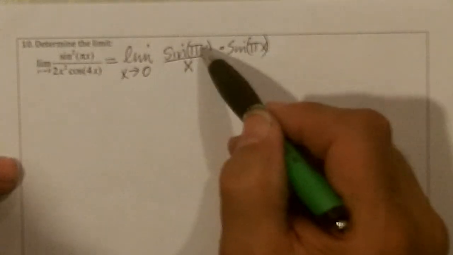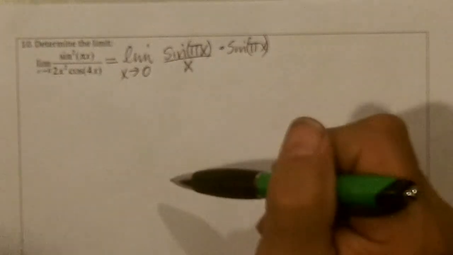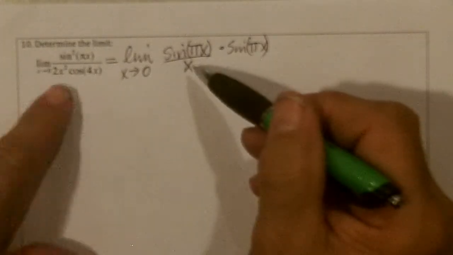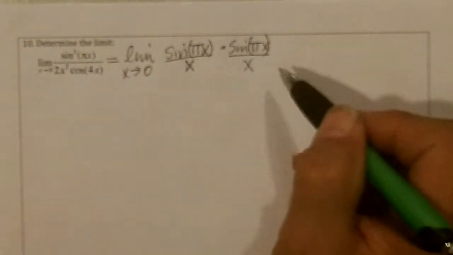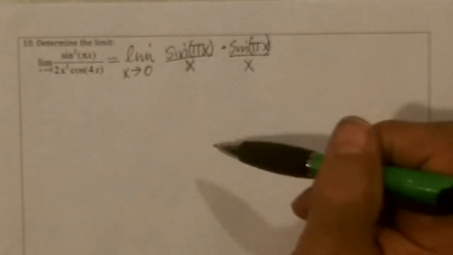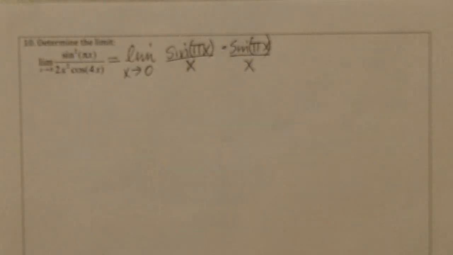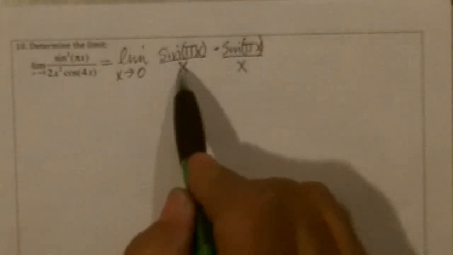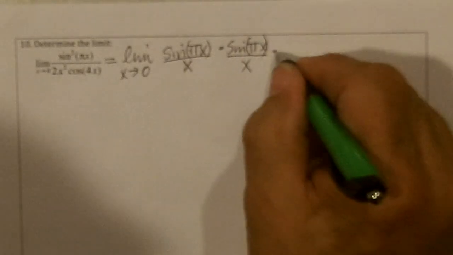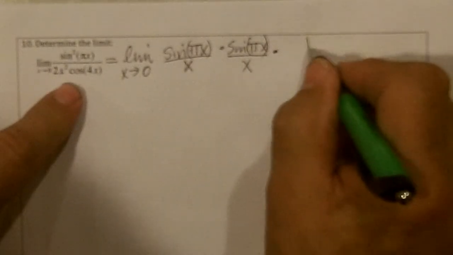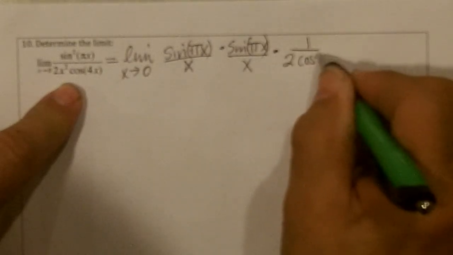And remember, the sine of some angle over the angle always goes to 1 if the angles are the same. Here there are 2 x's, that's why I can put an x under both of those. So those are going to do similar things. There's a 2, but there's no 2 on these angles. So I'm just going to put the 2 over here with the last piece, which is 1 over 2 cosine 4x.